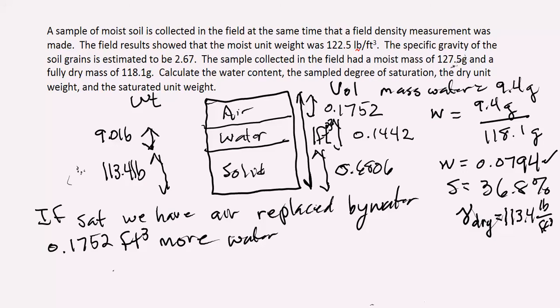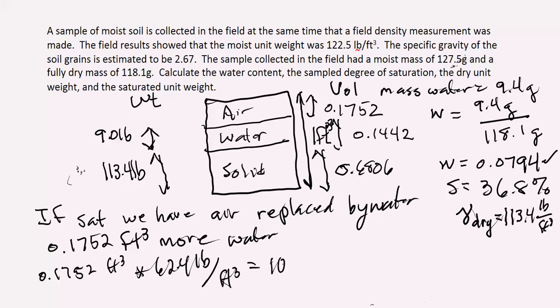Now, what we need is to figure out what the weight of that much water would be, and we can get that from 0.1752 cubic feet of water times 62.4 pounds per cubic foot. Just multiply those two. We get an answer of 10.93 pounds of water.